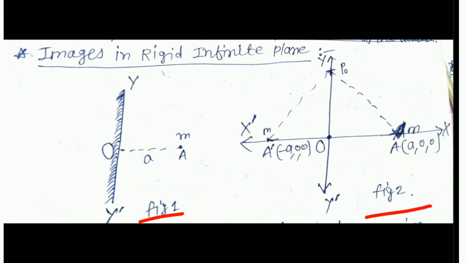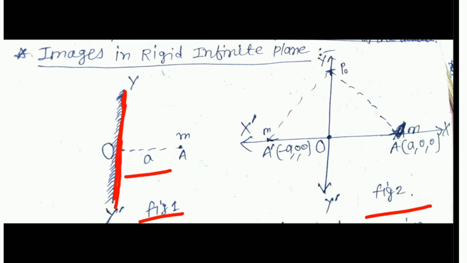And figure first shows a simple source of strength m situated at a distance a from an infinite rigid plane y dash.